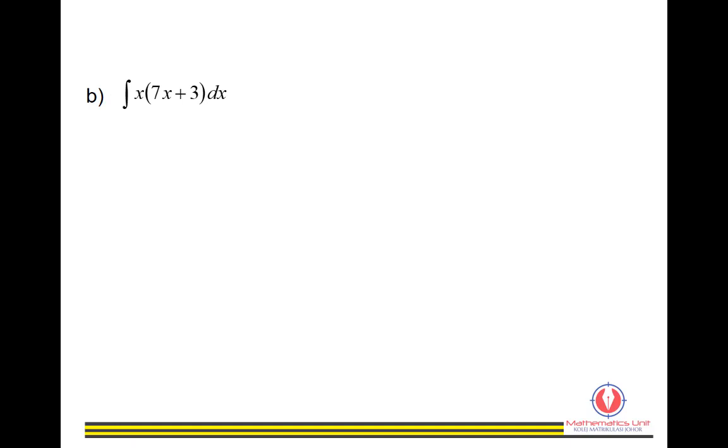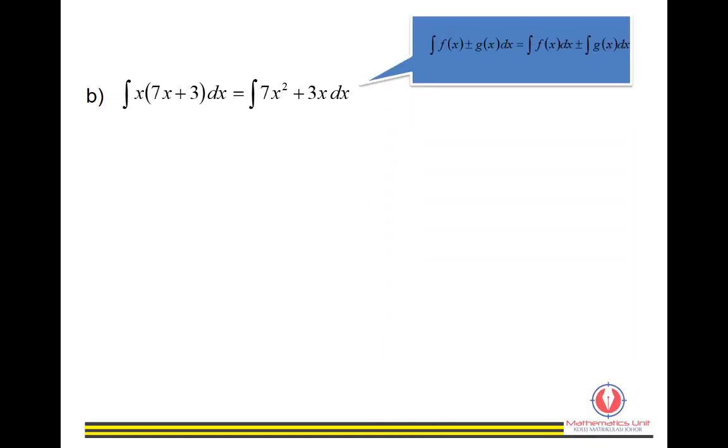Example B. We have the integral of x times 7x plus 3 dx. First step, we expand the function. We get the integral of 7x squared plus 3x dx. By applying the summation or subtraction properties of integration, we can integrate f(x) and g(x) separately. So that means we can separately integrate 7x squared and 3x.